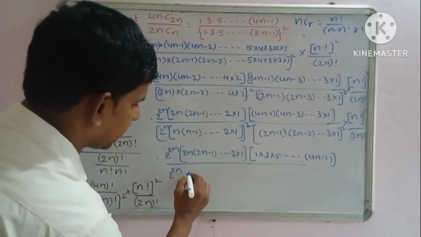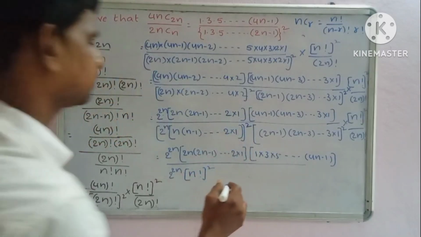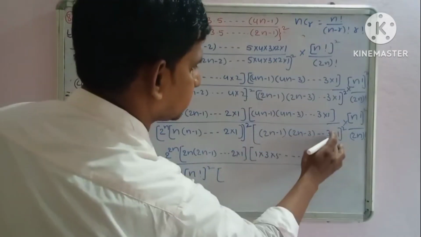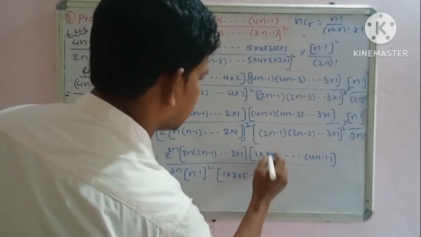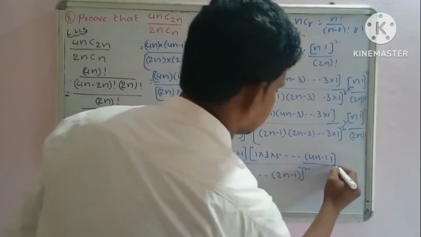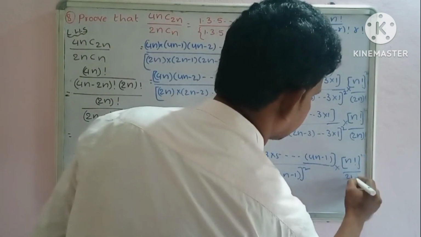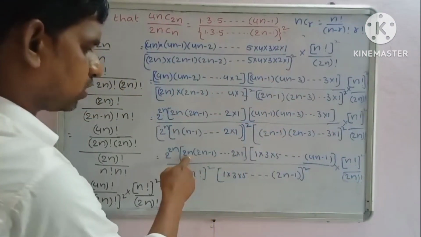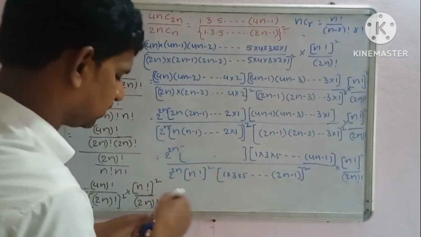This term is n factorial square, write this square, into 1, 3, 5, so on. So write 1 into 3 into 5 into so on 2n minus 1 whole square into n factorial whole square by 2n factorial. See, 1 into 2 into 3 into so on up to 2n. So this is the value 2n factorial.